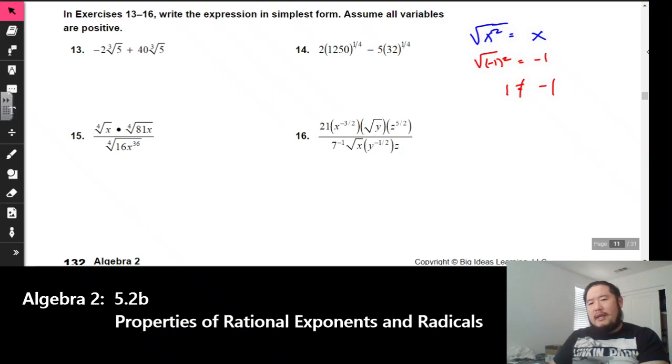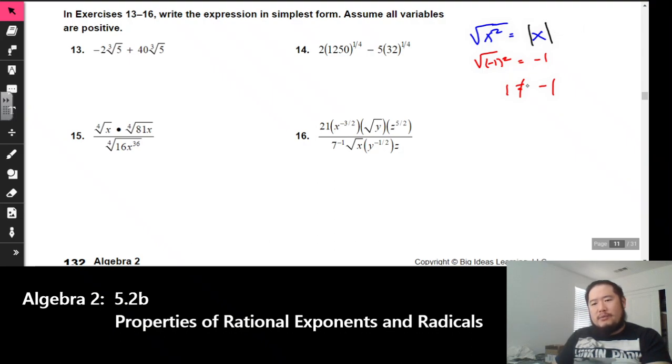So the key here is this. When I have a variable with an even exponent and it turns odd, see, because take a look, it went from even to odd, I have to put the absolute value around the x in order for it to be true.